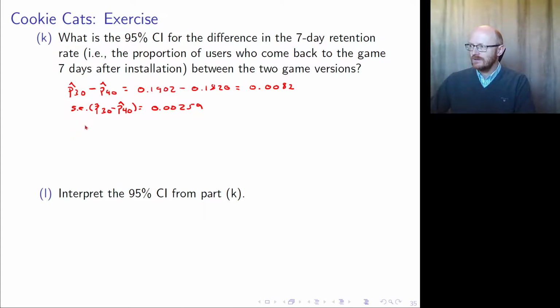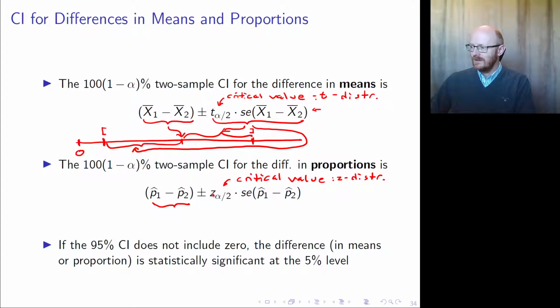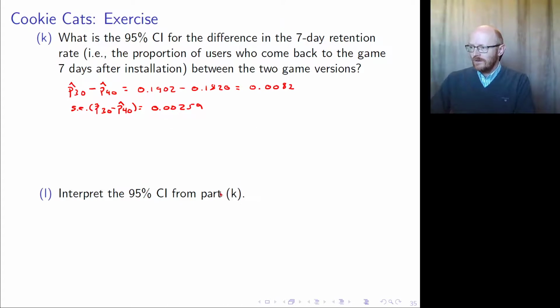And the critical value for the proportion is the z value, okay? The z value. So that would be the z alpha divided by 2, right?